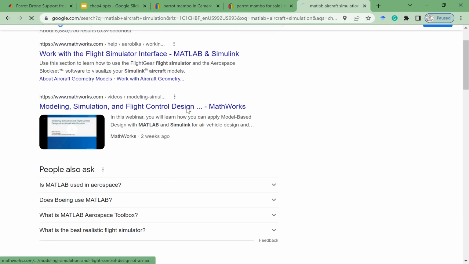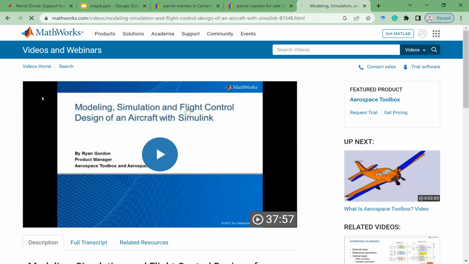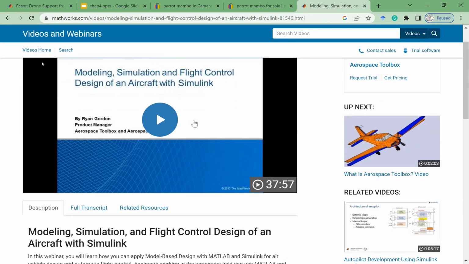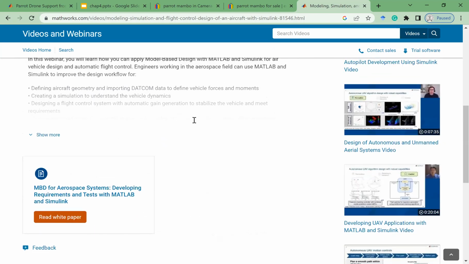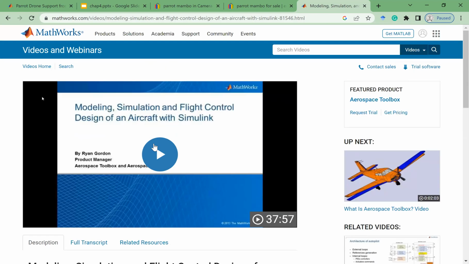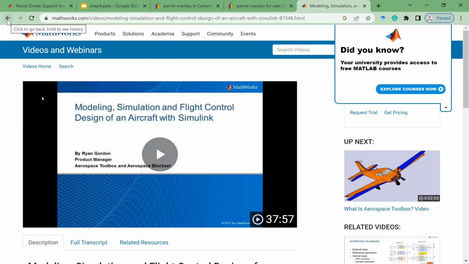There is this webinar, which is the flight control simulation and design of an aircraft. Along with that, there are some very nice MATLAB simulations that you can run for a fixed wing aircraft. I'm going to assign some of these webinars and associated activities as bonus activities, so that if you score above 120, you will get an A+.